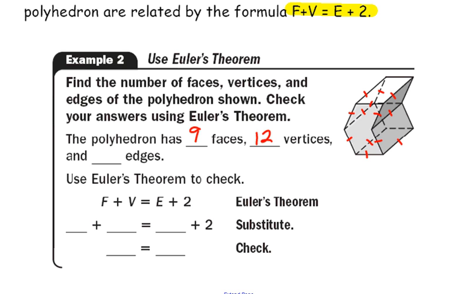And then 13, 14, 15, 16, 17, 18, and then this last one back here is 19 edges. And so if I check it, I take my faces plus my vertices, and it equals my edges plus 2. And I get 21 equals 21. So you can see that it holds true not only for the Platonic solids, but for all polyhedrons.